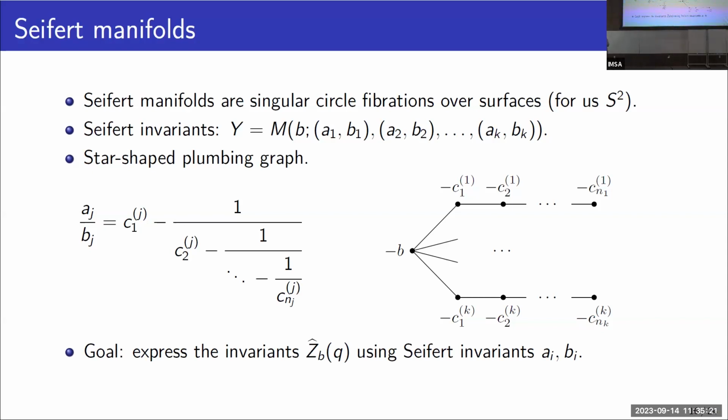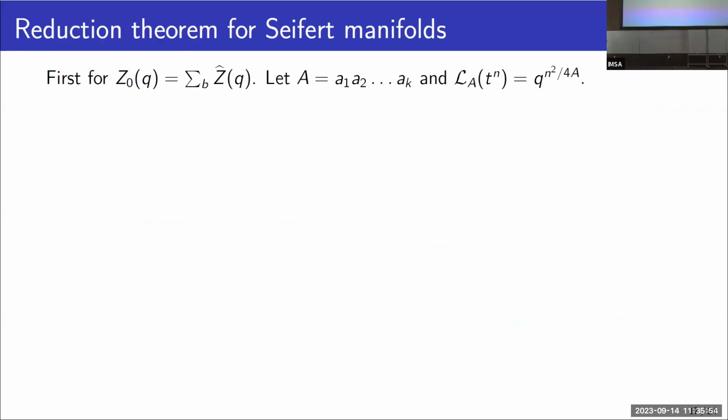So you can compute the invariant by taking this huge graph and plugging into the definition, but then you will have really many variables, so it is computationally heavy. So one of the goals of our work was to take this invariant and express it in terms of just the Seifert invariants, which is a very natural thing to do, and it works out.